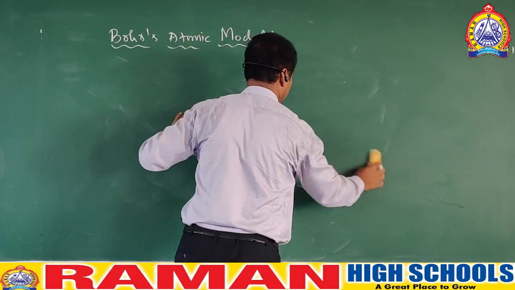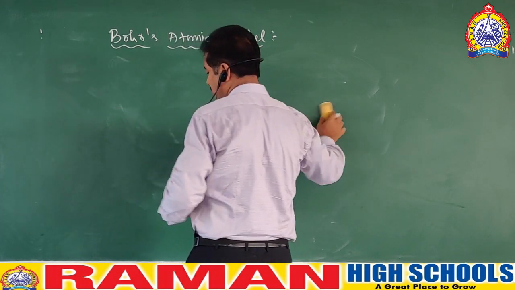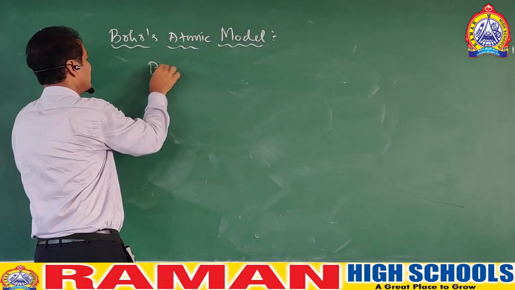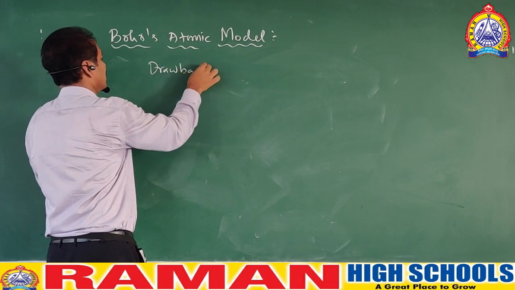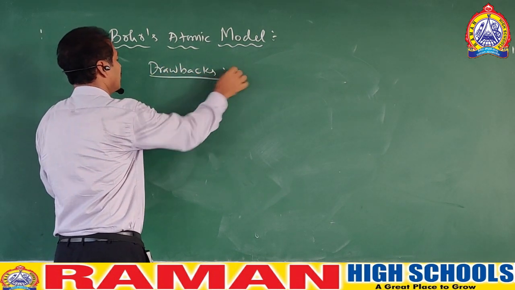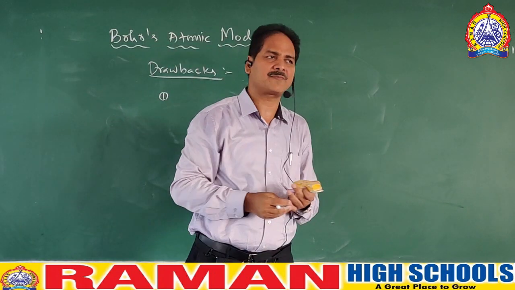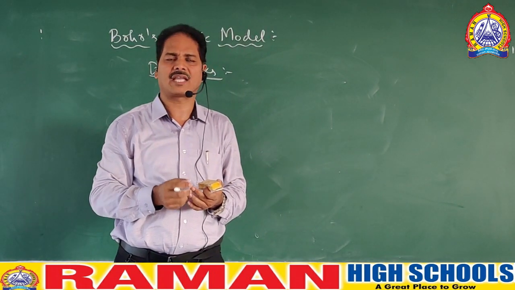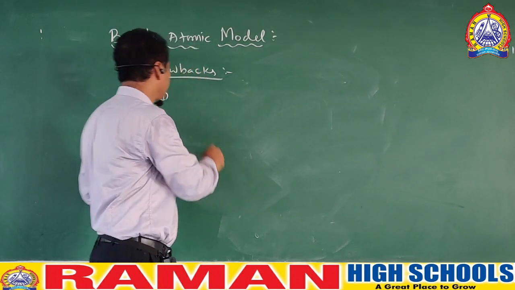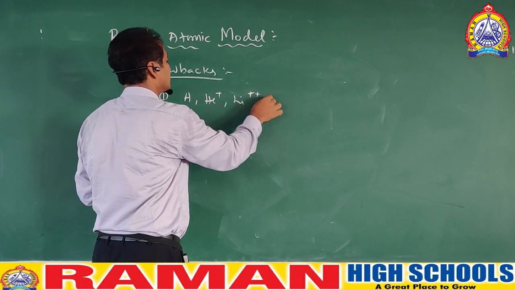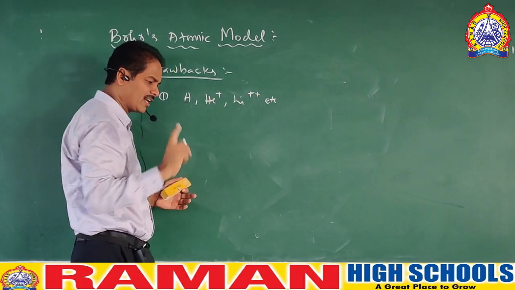This is about Niels Bohr atomic model, and let us see, he also has some drawbacks. So the drawbacks of Niels Bohr are: number one, this atomic model could explain the spectrum of uni-electron atoms like hydrogen, helium plus, lithium plus, etc. All these will have only one electron.